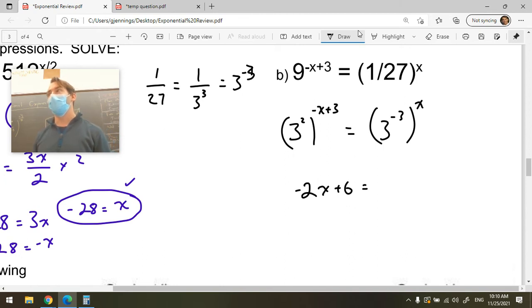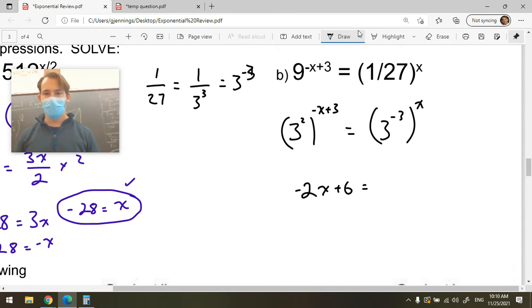It'd be really weird. It would be 9 to the negative 3 halves. Weird, yeah. So 1 over 27 is 9 to the negative 3 halves.